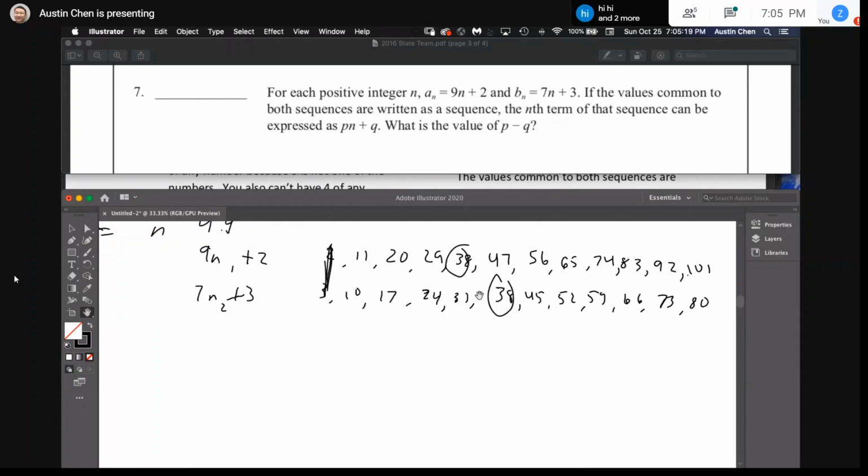So one thing we can notice is that a sub n is always going to be 2 mod 9, because 9 times n is always 0 mod 9 and 2 is 2 mod 9. And just like that, b sub n is also going to be 3 mod 7. So now what?